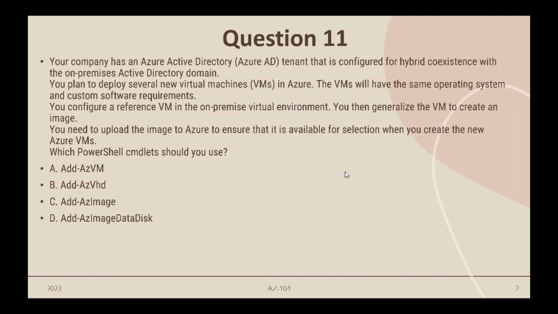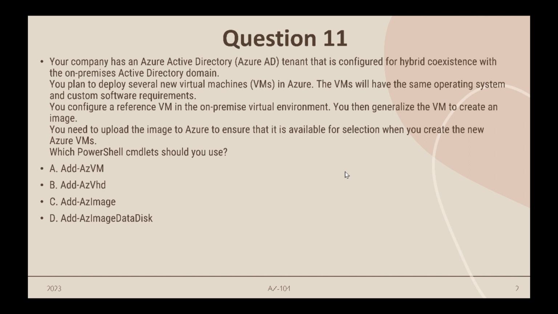So you are given all these options and a problem statement, and you have to pick the one that suffices. Your options are A, Add-AzVM; B, Add-AzVhd; C, Add-AzImage; and D, Add-AzImageDataDisk.